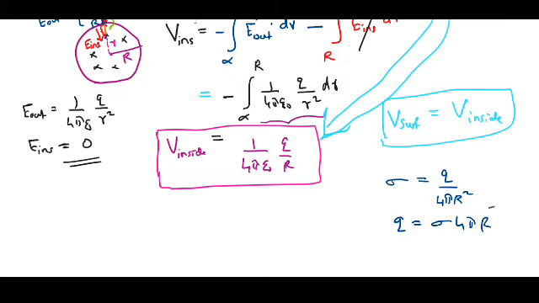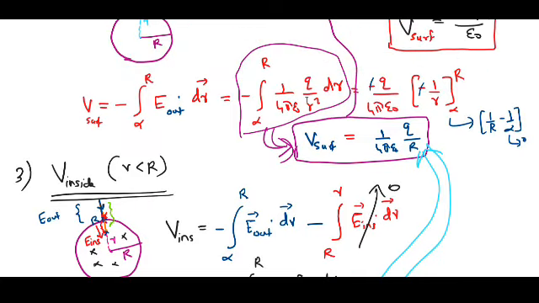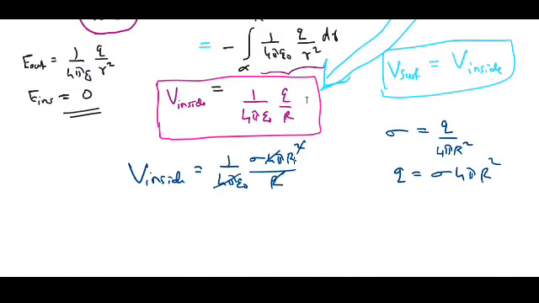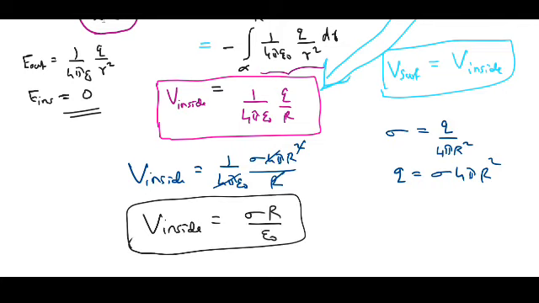V inside can be written as 1 by 4 pi epsilon 0 times sigma 4 pi R square divided by capital R. The 4 pi cancels, and one R cancels. Then on the surface you will get sigma R by epsilon 0, exactly the same as we derived earlier. This is the way of finding the electric potential of various objects.